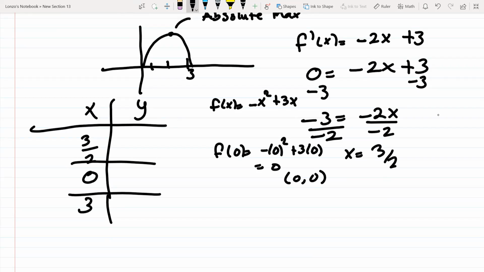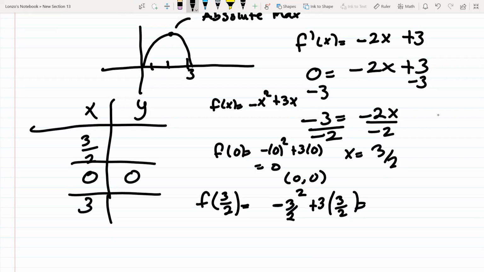So this has a y value of 0, then let's plug in 3/2. That would be negative 3/2 squared plus 3 times 3/2. Negative 3/2 squared, there's no parentheses, so it's going to be negative 9/4 plus 3 times 3/2, that's 9/2.